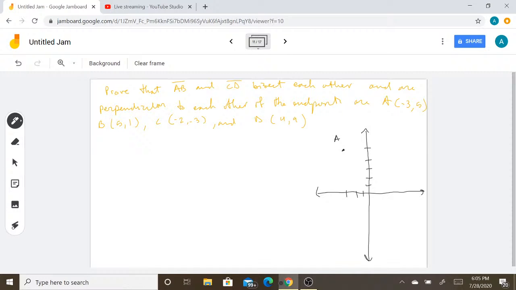D is at (4, 9), over here. B is at (5, 1) over here. And C is at (-2, -3). So we're left with these segments.